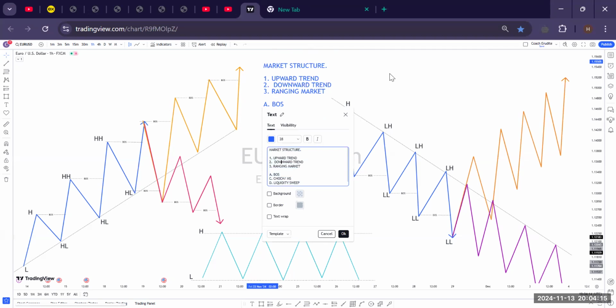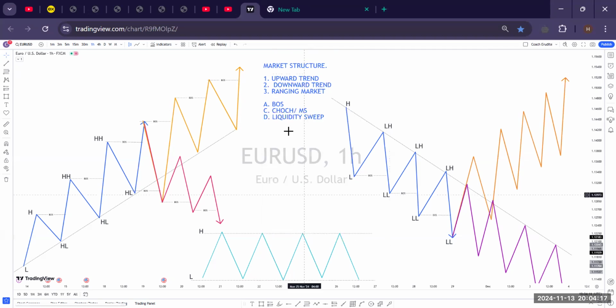We are going to look at what is a break of structure, what is a change of character, how to identify a good change of character or a market shift, and also what is liquidity sweep.